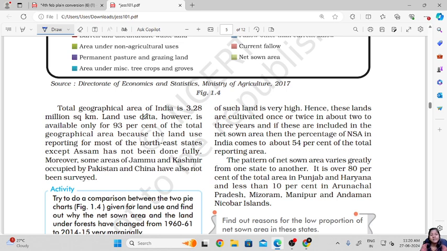Land use data is only available for 93% of the total geographical area, because the land use reporting for most of the northeast states except Assam has not been done fully. Moreover, some areas of Jammu and Kashmir occupied by Pakistan and China have also not been surveyed.